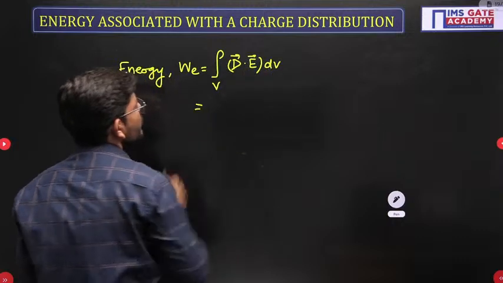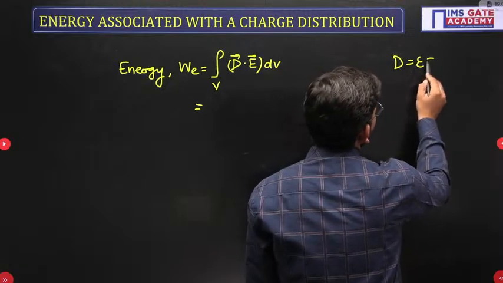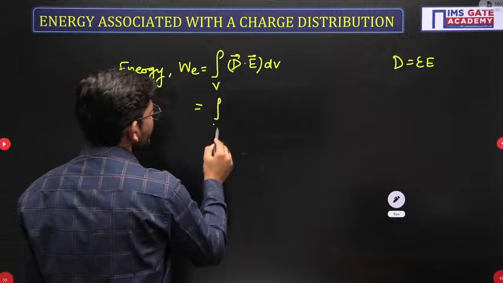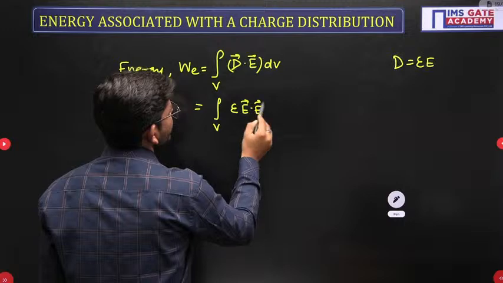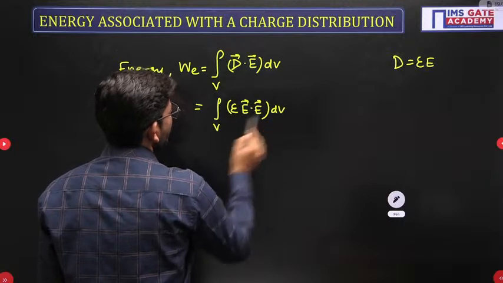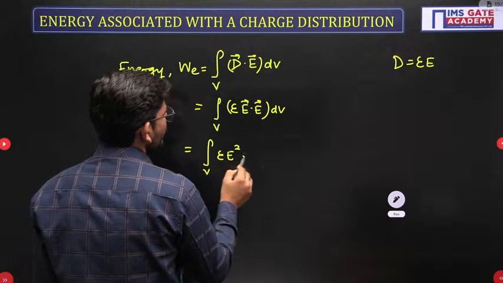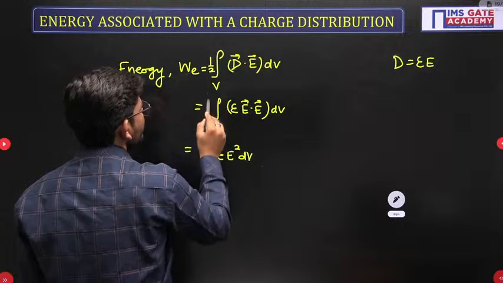Okay. Now you know that D is also equal to epsilon E. If I write this, what will it become? It will become epsilon E dot E dV, or epsilon E square dV. Okay, and I forgot to write a half here, half is also there.